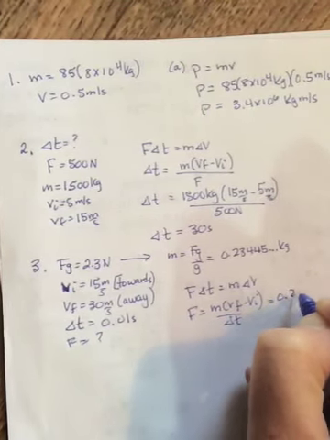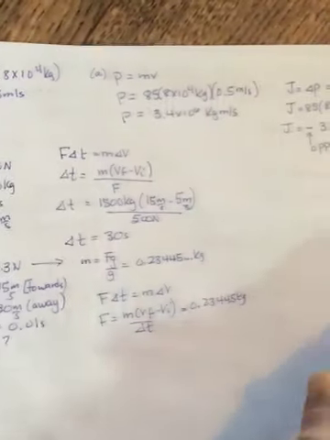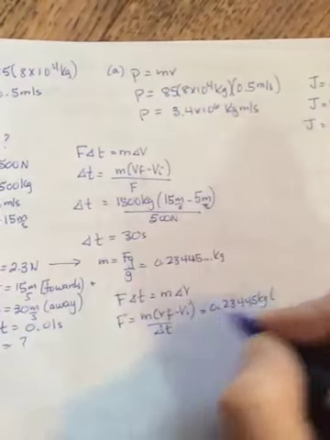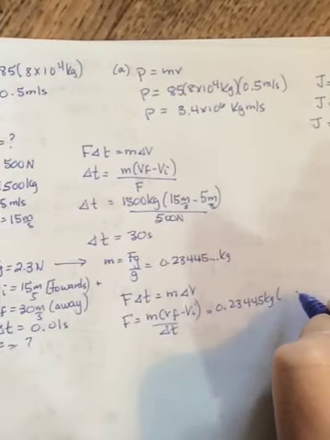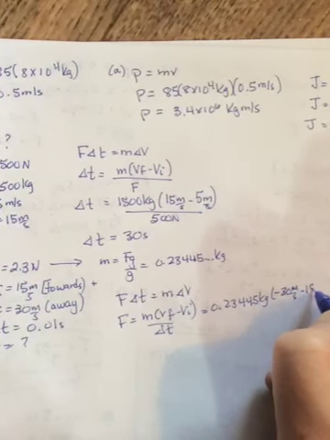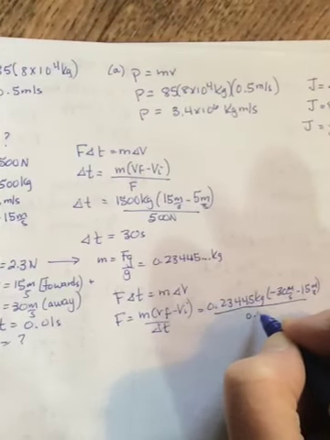So our 0.23445 kilograms. And again, towards and away. So if we call towards positive and away negative, then it'll be negative 30 minus 15 divided by 0.01.